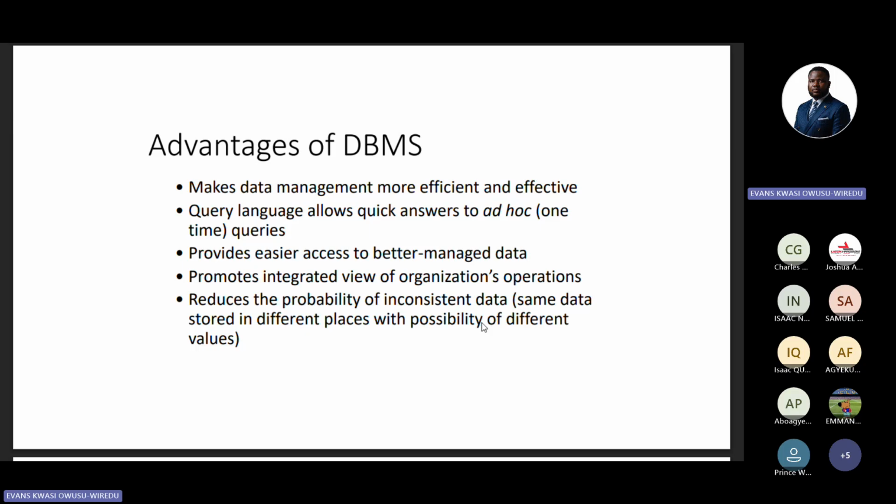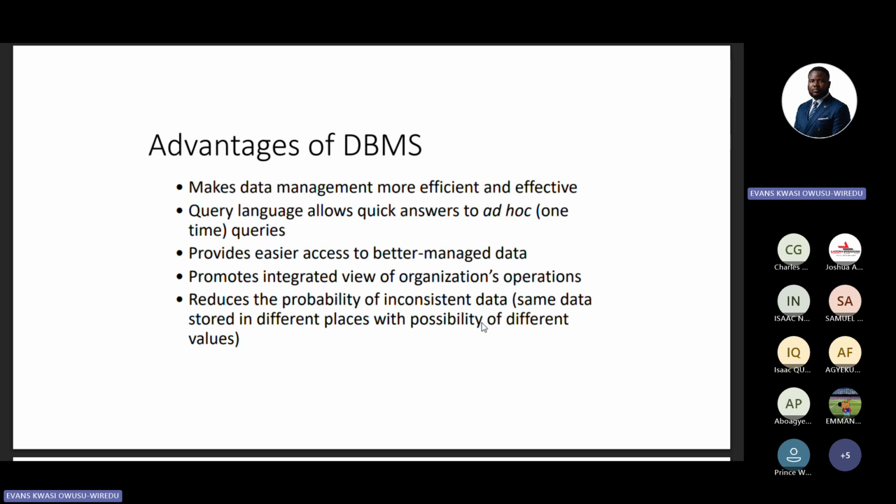And the last one is that it reduces the probability of inconsistent data. So when you have a database management system, we have something we call the file system, which is different from these modern DBMS, where you have separate folders that are created.